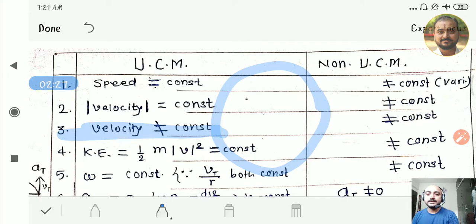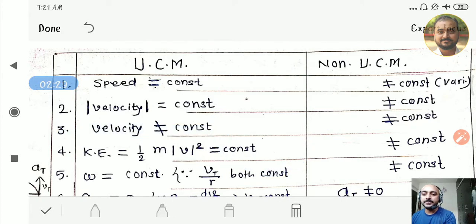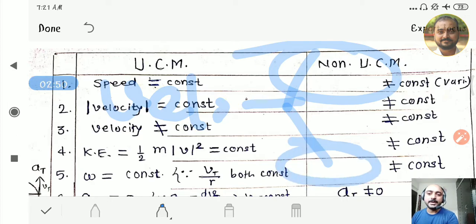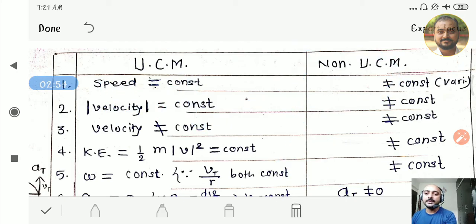As previously we discussed, velocity is a vector quantity, characterized by two things: magnitude and direction. So the magnitude of velocity, that is the speed, remains constant, but the direction is continuously changing, and so we can say the velocity of the body does not remain constant.